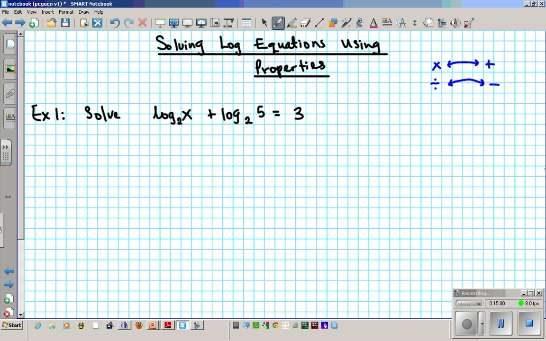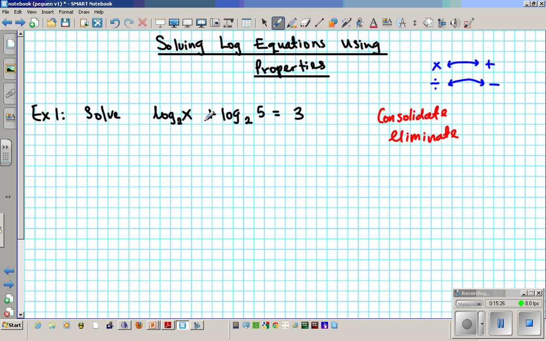Let's make a side note. We're going to consolidate and then eliminate. Just like if you want to eliminate your debt, you consolidate it first. So we have to consolidate the logs into one and then eliminate it. How do I consolidate this log and this log?